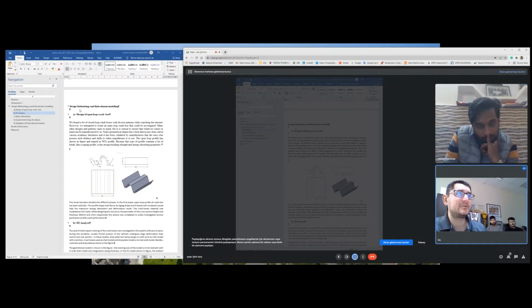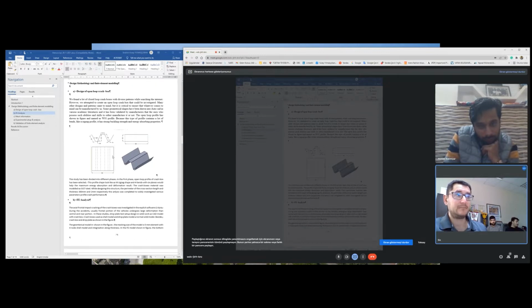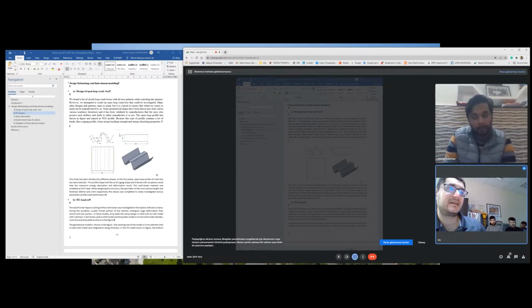Let me take a look at the developments, design methodology, and finite element modeling. Let's start with the design of an open loop crashbox. What we have done: the initial design system, the CAD model, and because the open loop system has some weaknesses, we need to understand them by using these simulations and uncover the hidden parts of our study to compare with the closed ones.